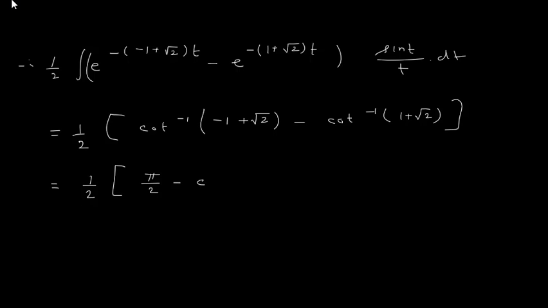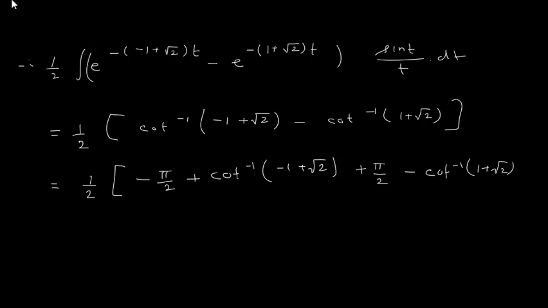Here first I will take minus pi by 2, minus pi by 2 plus this cot inverse minus 1 plus root 2. Then here I will take plus pi by 2. Then here I have minus cot inverse 1 plus root 2. So what we have done, pi by 2 we have added and subtracted. Now 1 by 2, here I will take minus sign common and it will become pi by 2 minus cot inverse minus 1 plus root 2.